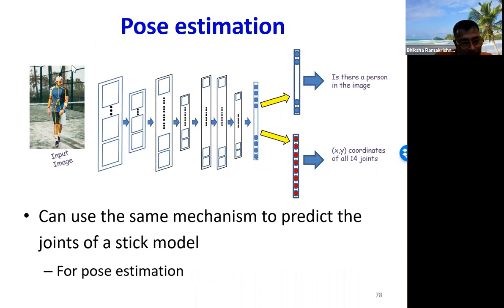If you ever walked, back in the day when campus was open, from the Hillman building to Gates, or from Gates to Newell Simon, down the corridor, you saw Yaser Sheikh's demo, which drew your skeleton and it's scary good. That basically uses this framework where, in addition to detecting where you are, it has a second output layer which finds the locations of each one of these joints. And then it can draw a skeleton.